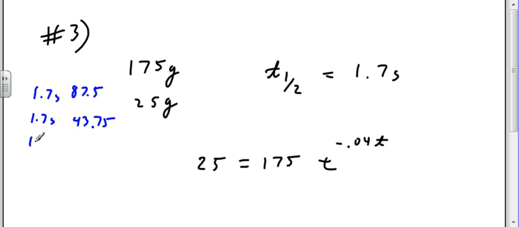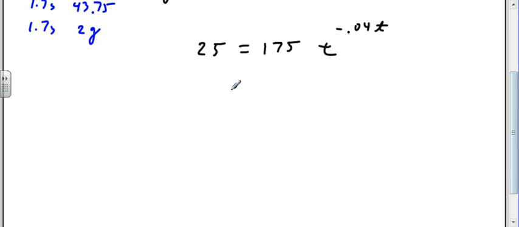And in 1.7 more seconds, I'm going to have half of that number, 21 grams. So I expect my answer to be less than 3 times 1.7, less than 5.1 seconds.